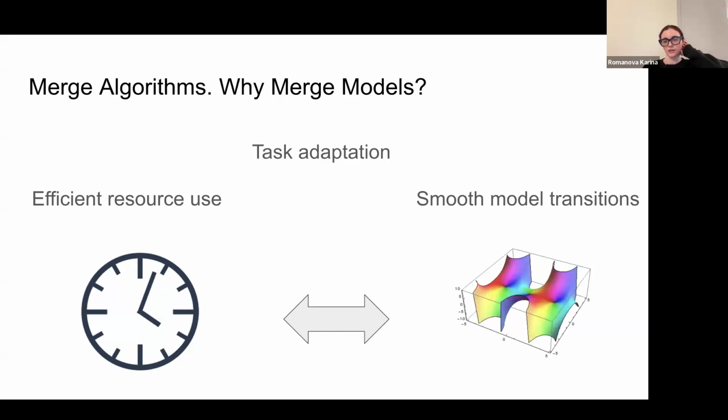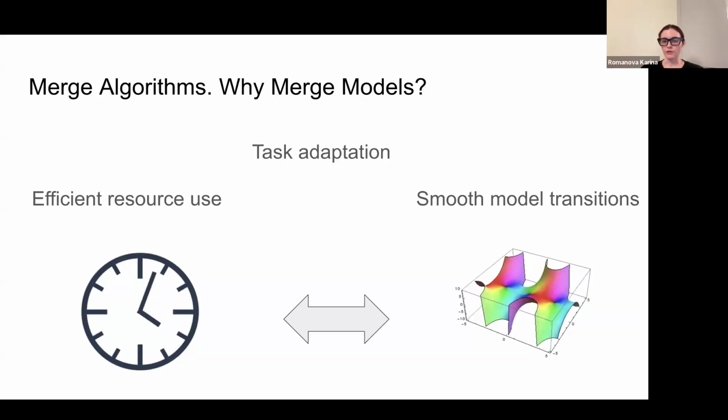It enables consolidation of knowledge from different models, facilitates the adaptation of pre-trained models to new tasks without extensive training, and can lead to improved performance through the integration of complementary strengths. The rationale behind merging models includes, firstly, resource efficiency.